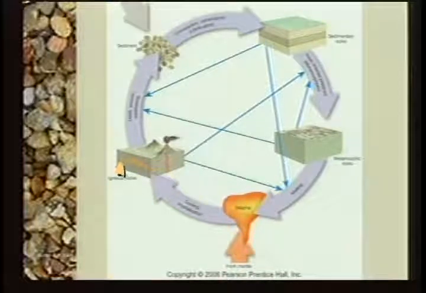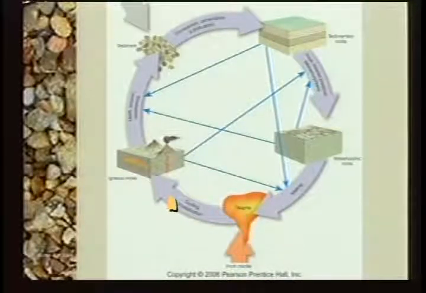This little diagram shows intrusive igneous rock here below the surface of the earth, as well as an extrusive or volcanic igneous rock forming at the surface of the earth. Now, we say rock cycle, but it doesn't have to go in this pathway. Notice all these lines that crisscross across our diagram. Those are important.